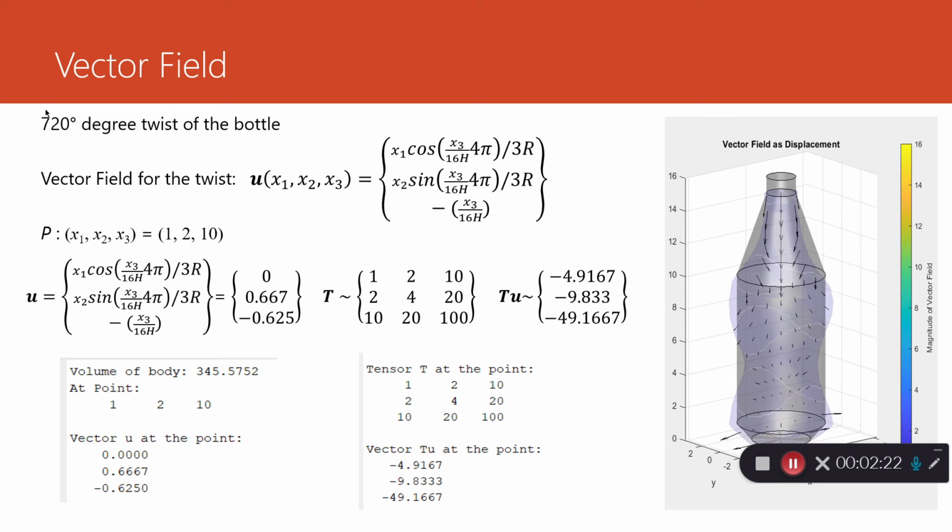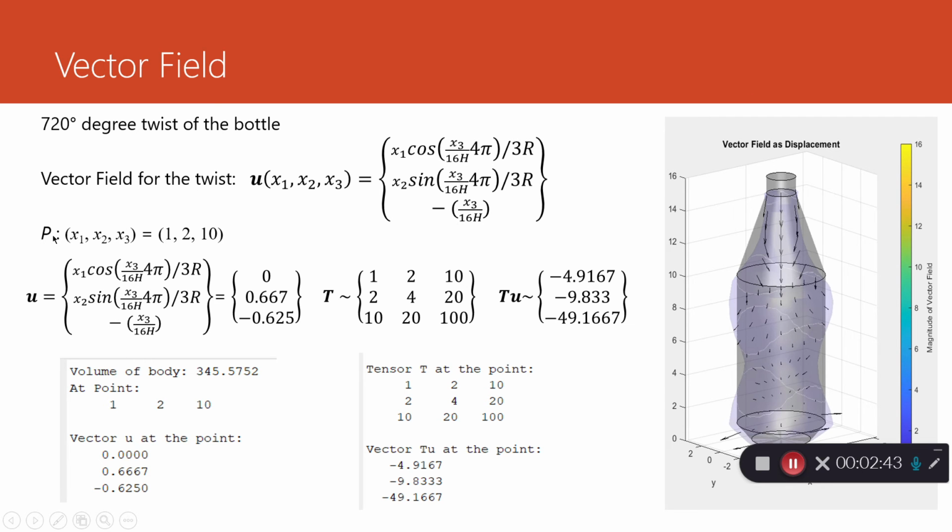Both values are 1, and this function plots in x and y direction, and this is the negative, as the bottle is twisting. I've assumed that the length of the bottle will decrease, so this minus x3 by 16h.